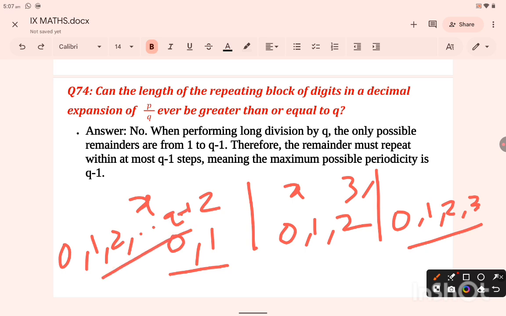So when we perform long division by q, the only possible remainders are 1 to q minus 1. Therefore, the remainder must repeat within at most q minus 1 steps, meaning the maximum possible periodicity is q minus 1.